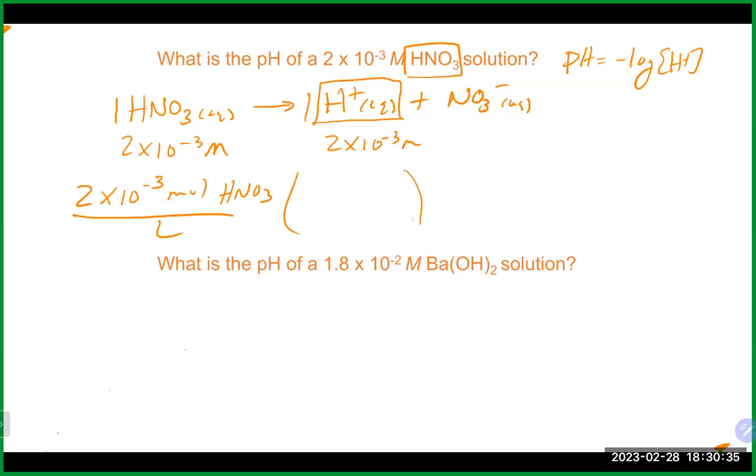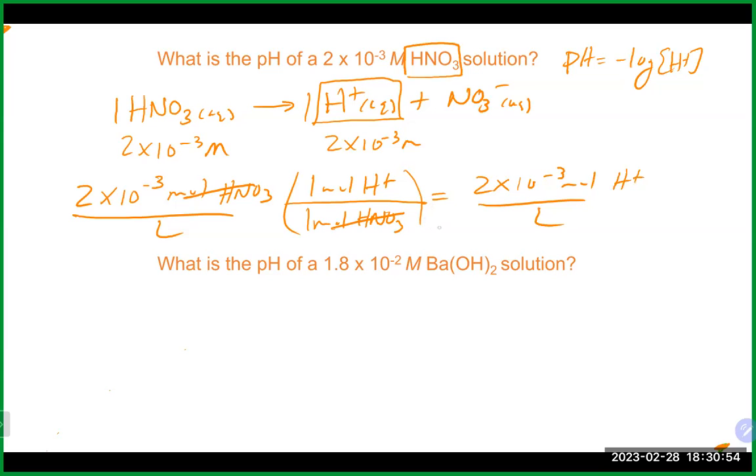You do a little stoichiometry: 1 mole of nitric acid gives you 1 mole of H plus. Those cancel, and you end up with 2 times 10 to the minus 3 moles per liter of H plus. That is the long version of what I just said. Any questions on that?